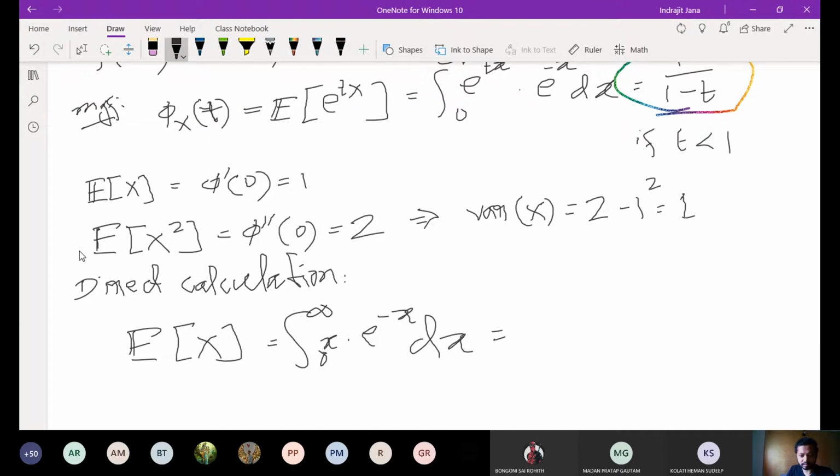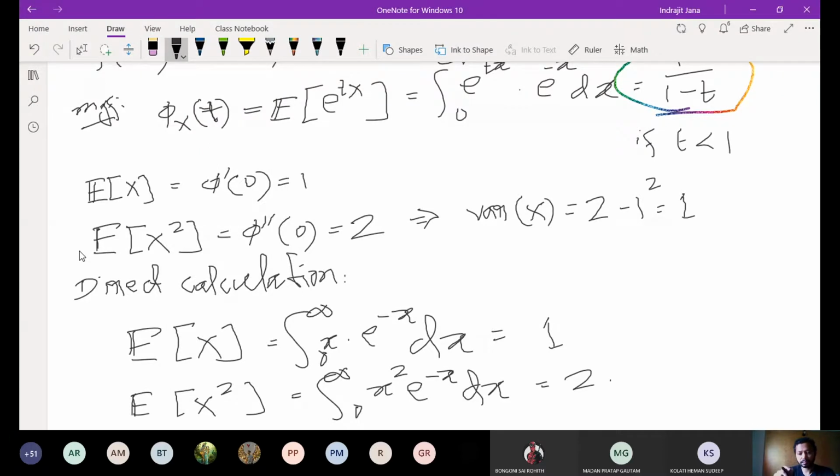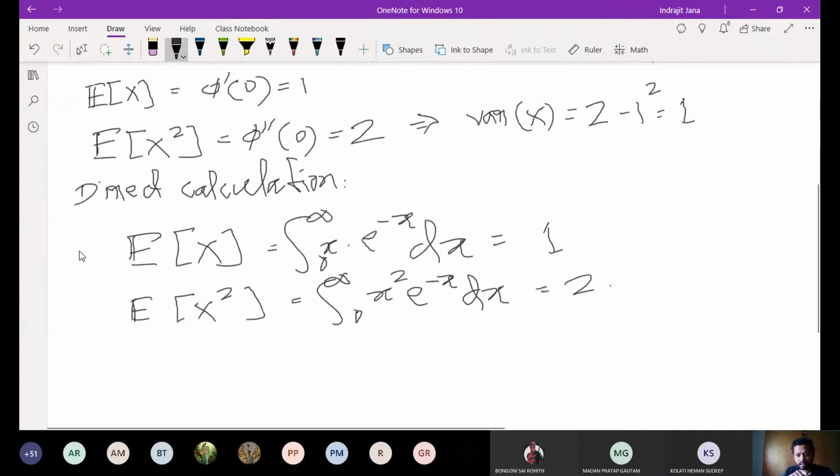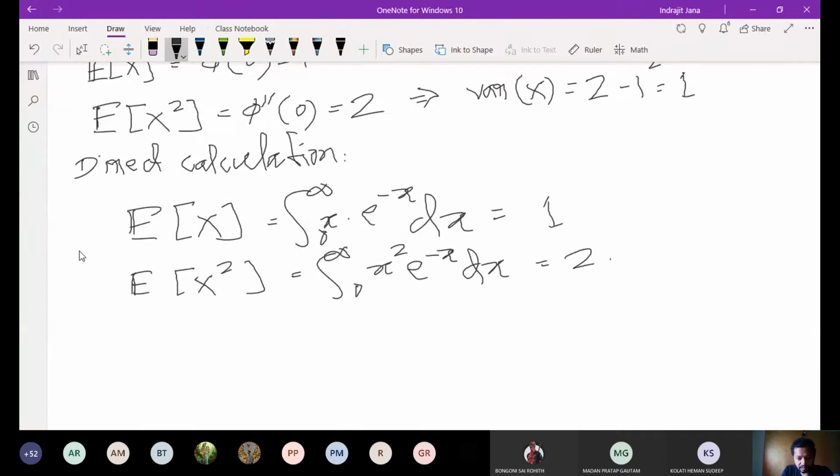Again, this integration was done several times. You would see that this is going to be 1, and the expectation of X squared, if you do the direct calculation, is the integral from 0 to infinity of x squared e to the power negative x dx. You would see that this integration is going to be 2. Alright, so that's all about problem 53.